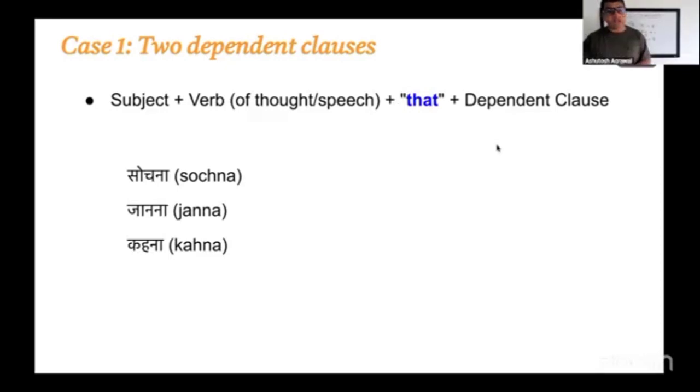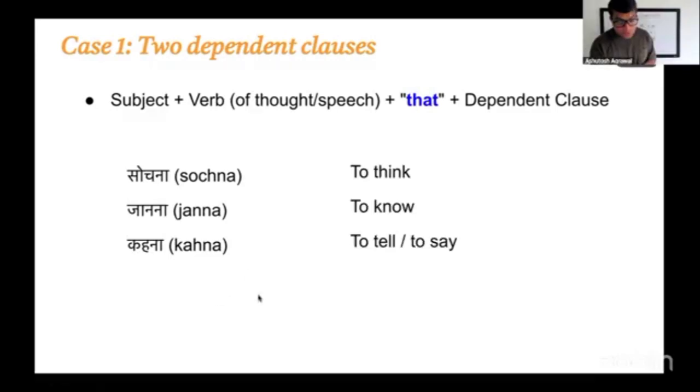There are many verbs you should know, but you will most commonly see that the first sentence is conveyed using verbs of this particular category, when the subject is thinking, knowing, or saying something, followed by the second sentence or the dependent clause. I will be using some of these verbs, and if there are new verbs, we'll catch up on that. Any questions so far?